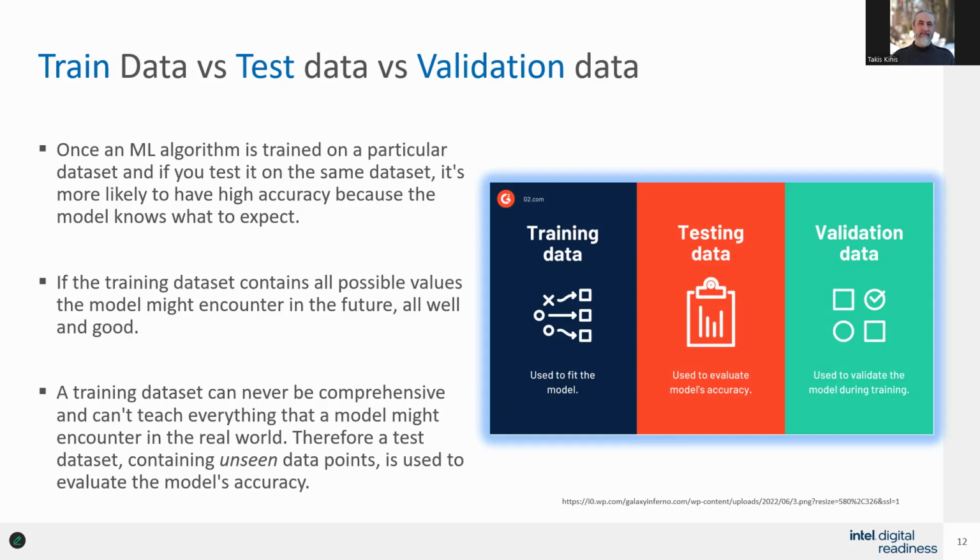And if we were to take the training and use all the data that was available, that might be good, but it might also cause a couple of issues as well. And notice that last bullet. A data set can never be comprehensive and can't teach everything that a model might encounter in the real world. And it says, therefore, a test data set containing unseen data points is used to evaluate the model's accuracy.